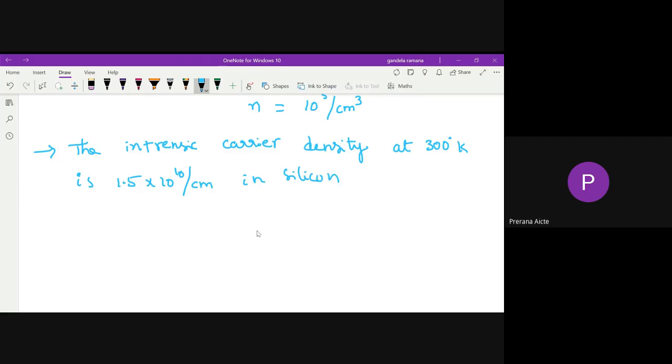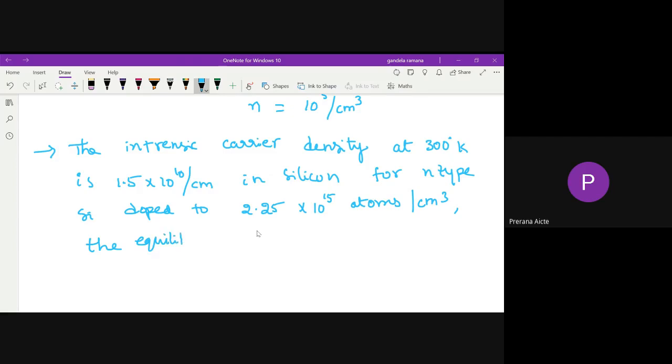For n-type silicon doped to 2.25 into 10 power 15 atoms per centimeter cube, what are the equilibrium electron and hole concentrations?